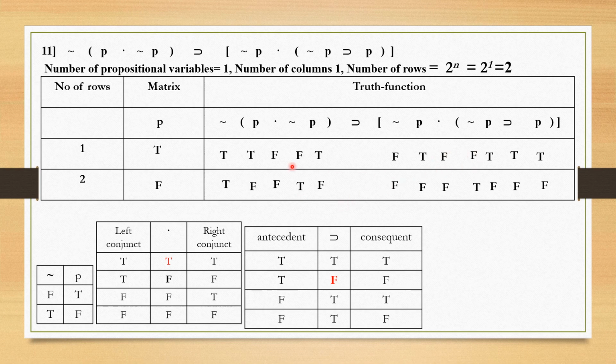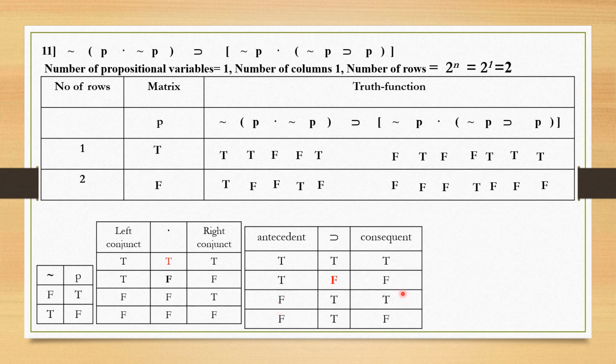Now taking these values, the negation of the bracket's value, and in this box bracket the conjunction's value, we will take to solve implication. Implicative statement is false when the antecedent is true and the consequent is false.